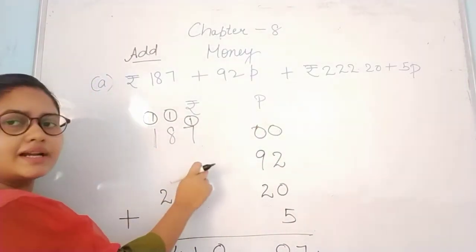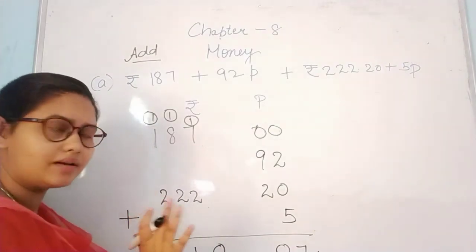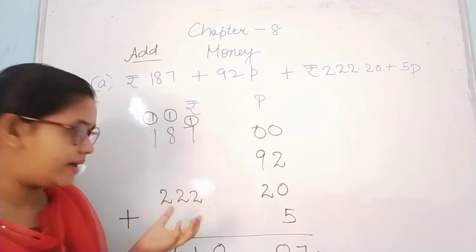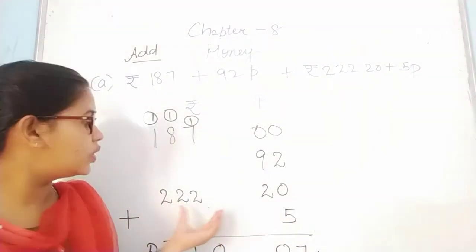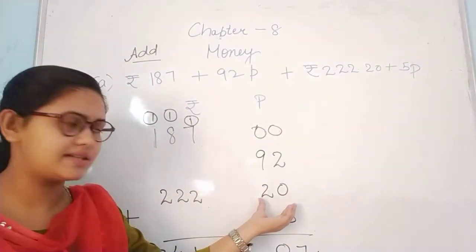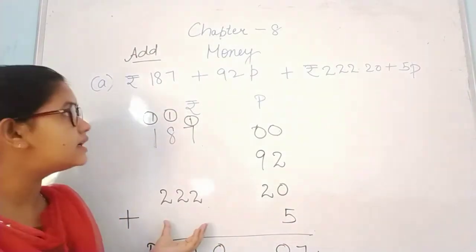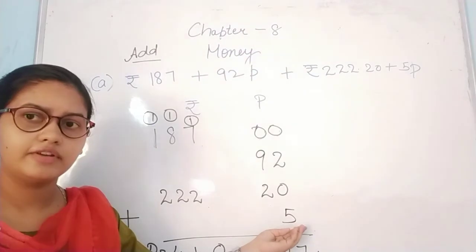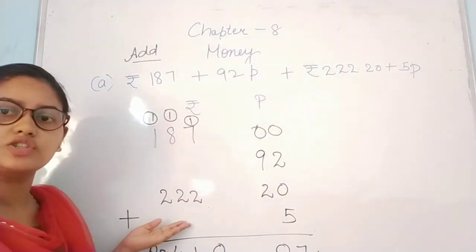We don't have rupee in that section, so we leave it blank, and then come to the third equation where we have 222 rupees and 20 paisa here. And in the third, there is only one thing, that is 5 paisa. We have taken here 5, and there will be nothing in the section of rupees.